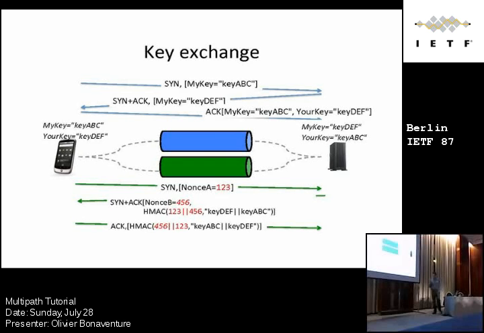And now that we have confirmed the key, we can open a subflow. To open a subflow, I want to check on the client that I'm talking to the right server, and the server wants to check that he is talking to the right client. And this check will be done by using the keys. So when I open a subflow and I want to link the subflow to the blue Multipath TCP connection, I will provide a nonce, and this nonce will be used for authentication by the server.